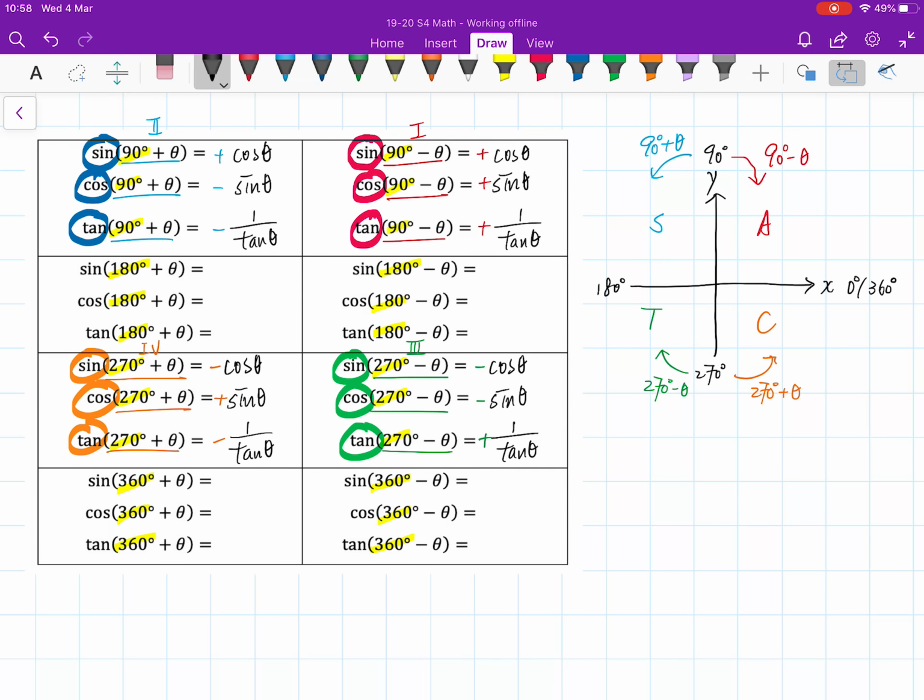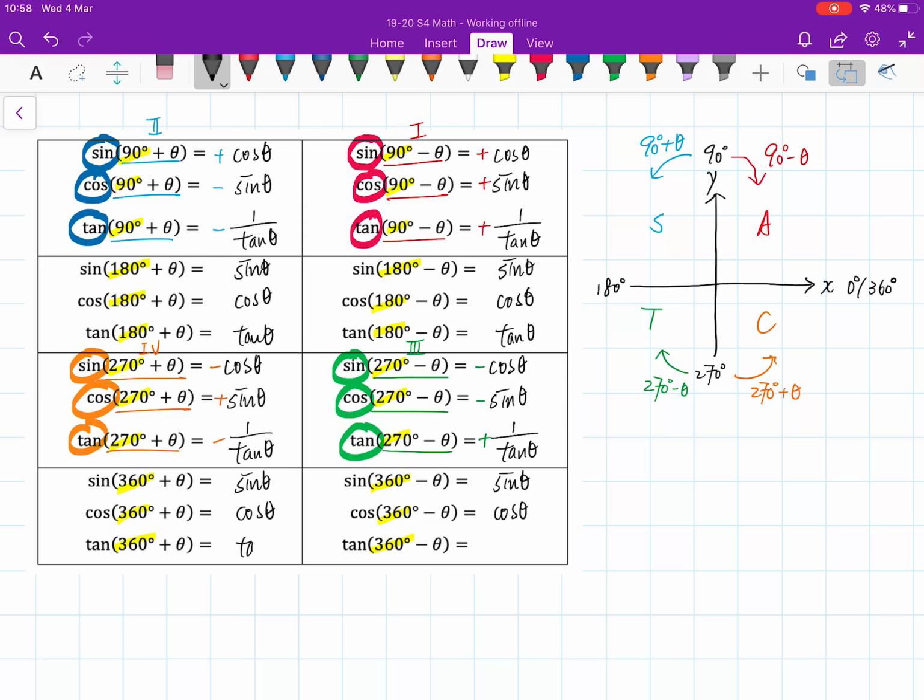Instead, we just keep it as sine theta, cosine theta and tangent theta.